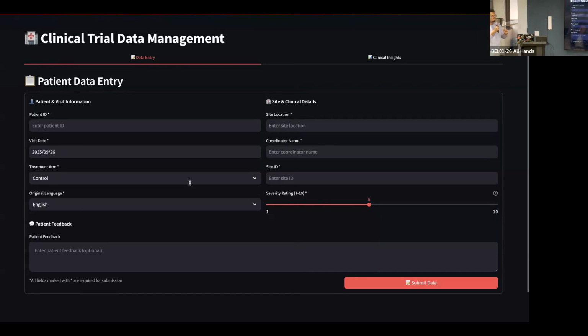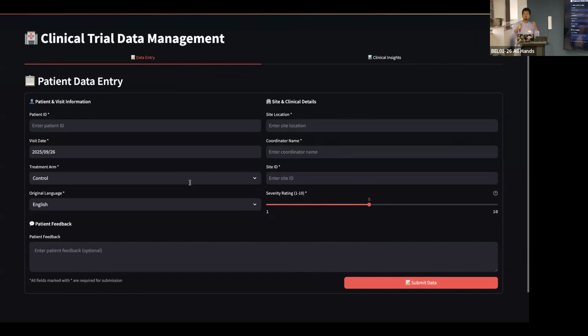For example, somewhere in maybe Asia, somebody found out that this particular medication is having a very negative impact on maybe teenagers, right? You want that to be brought up immediately, and you want people to watch out for it. So how do you do that?